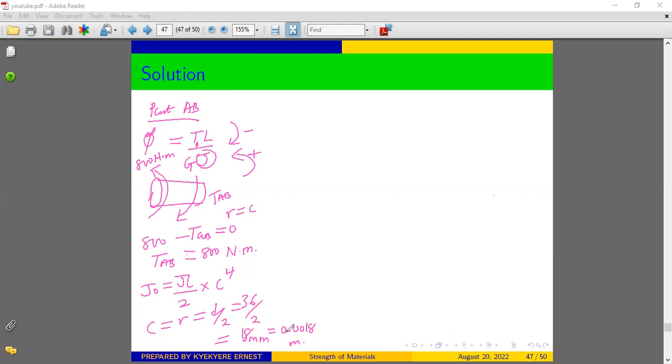Then from there, we can calculate our polar moment of inertia. We have already written the formula, so let me put the value straightforward: pi on 2 into bracket 0.018 to the power 4.